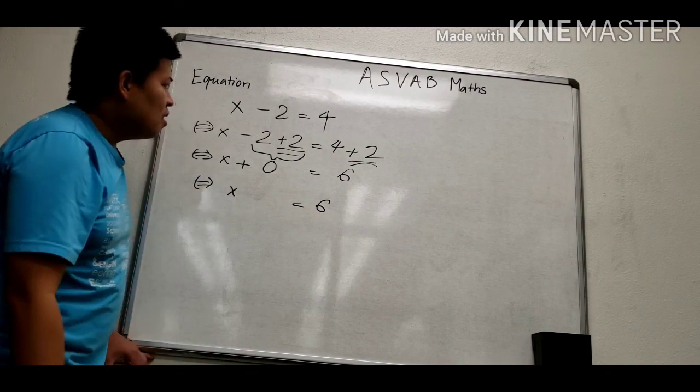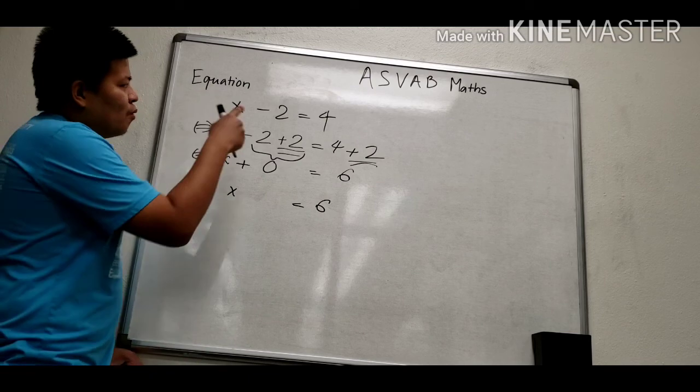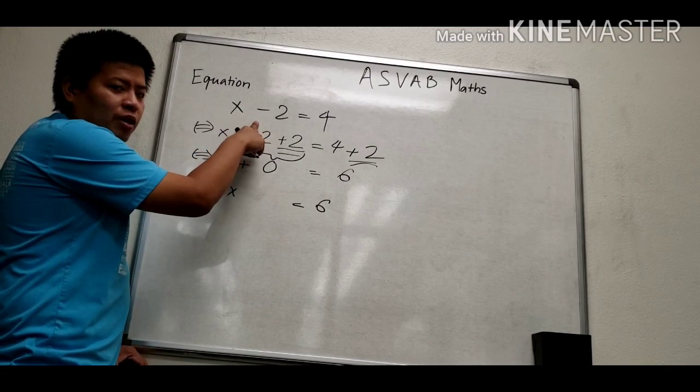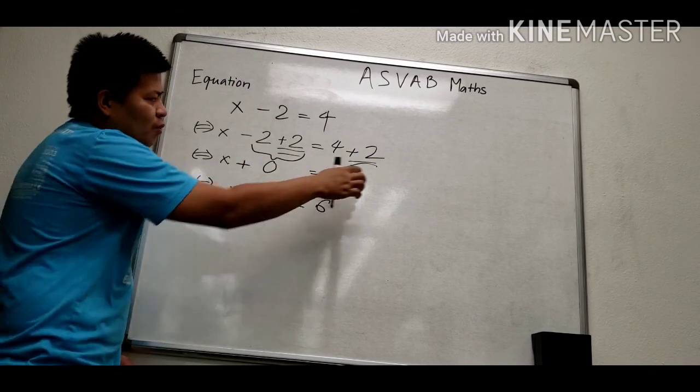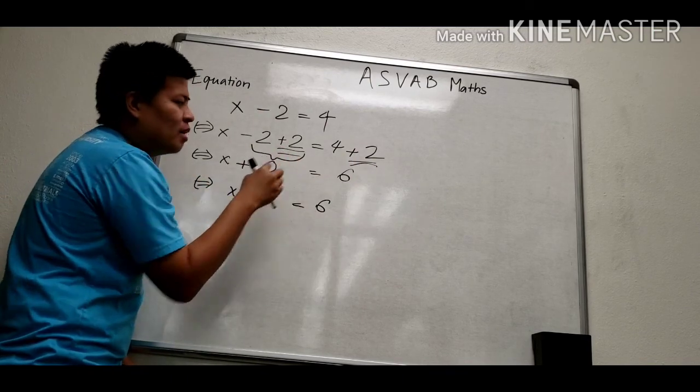This means that if we have the minus 2 in here, we put the positive of this number, so that in both sides they will have the same number.